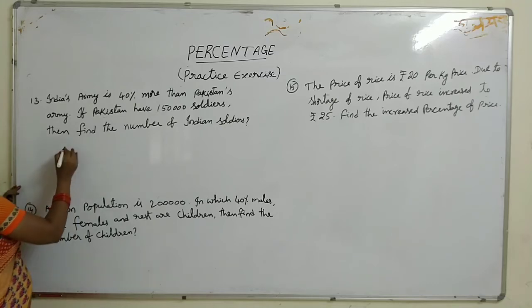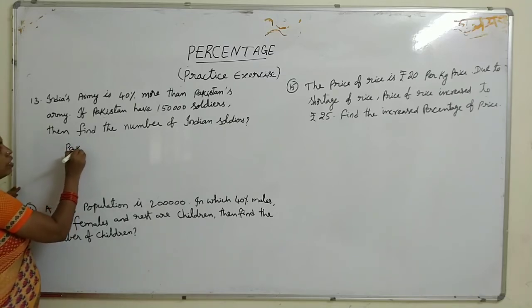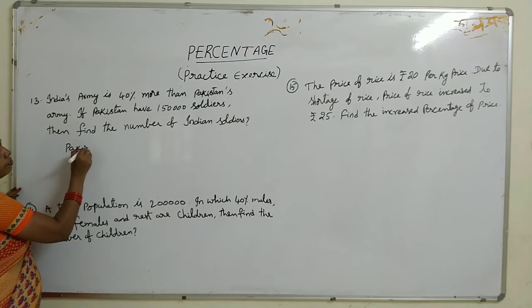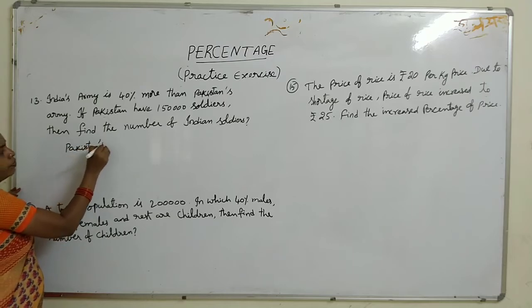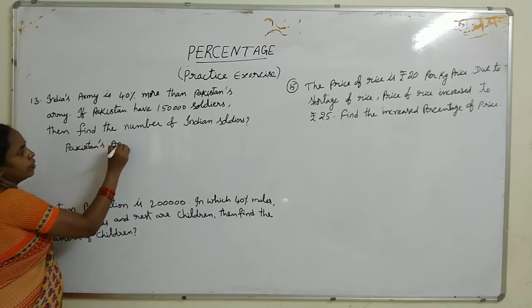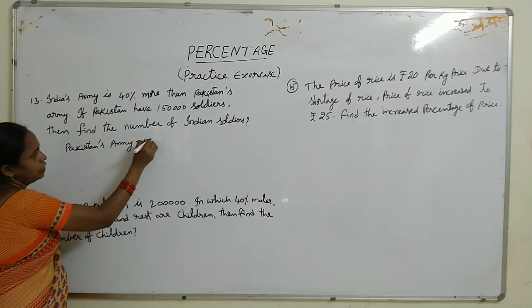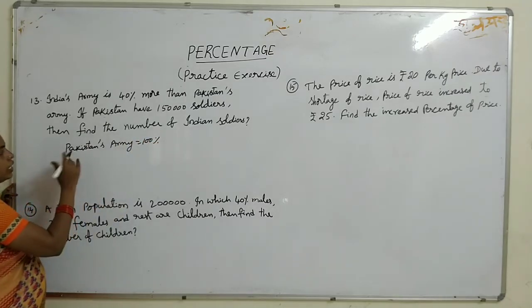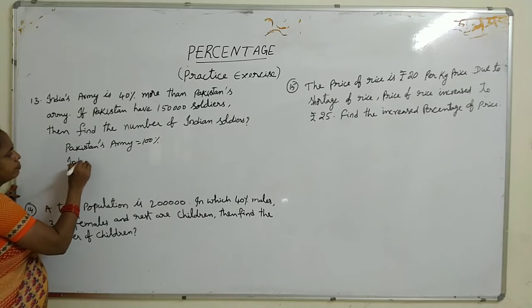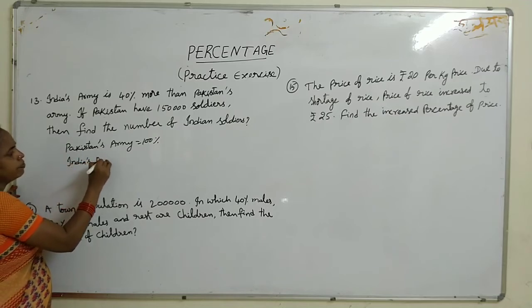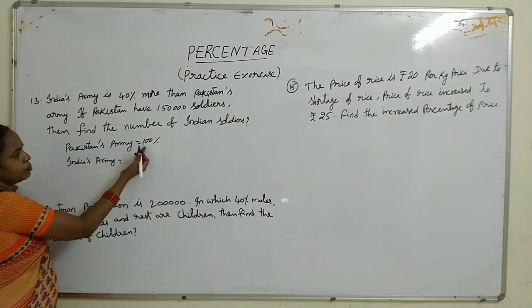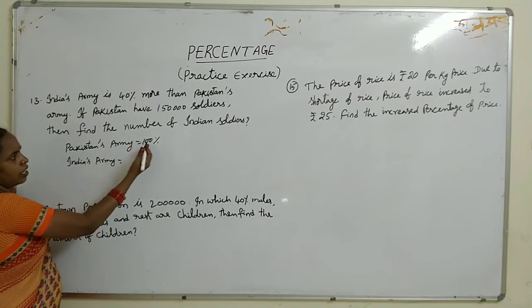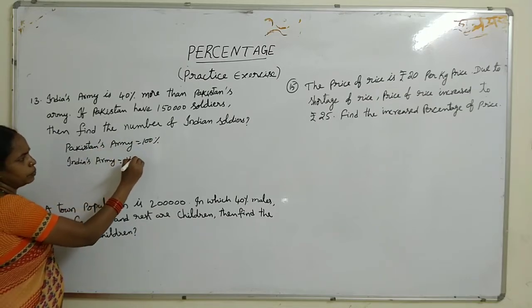So Pakistan's army equals 100%. India's army is 40% more than Pakistan's, 100 plus 40, that is 140%.